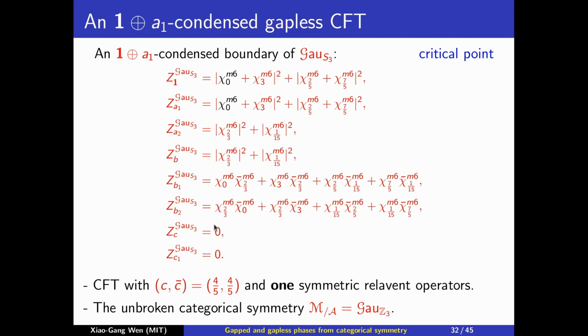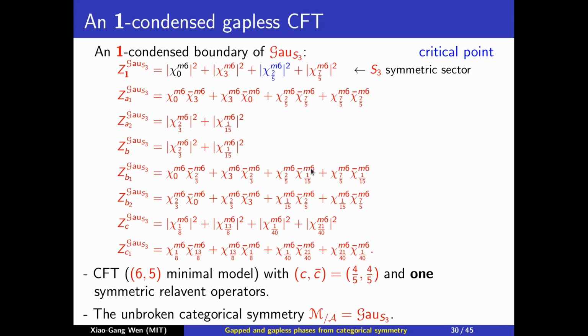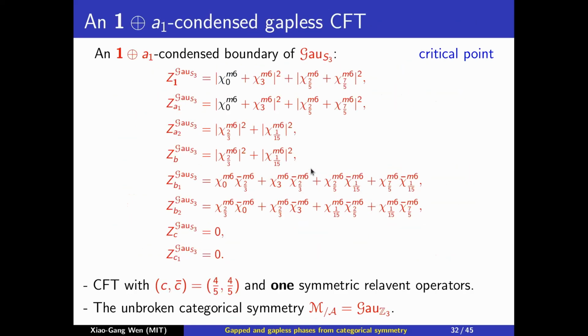And because of these two condensations, and some anyon is confined, there's a 0 here, so this always appears together. I think this one is the 6/5 minimal model, so the 6/5 minimal model describes this transition.